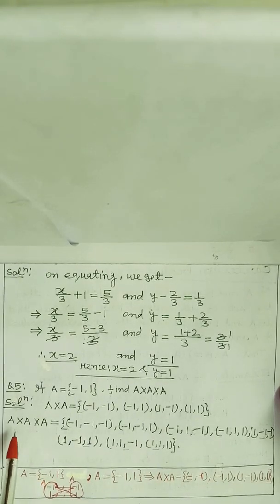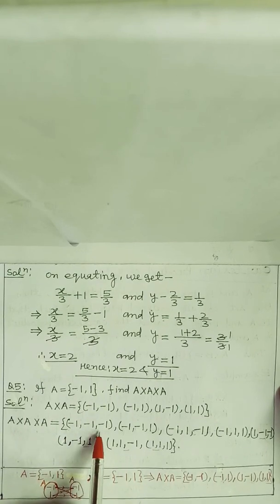So A cross A cross A having how many ordered triplets? 1, 2, 3, 4, 5, 6, 7 and 8.